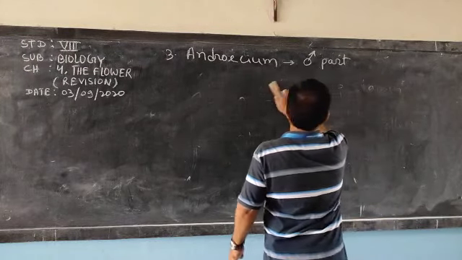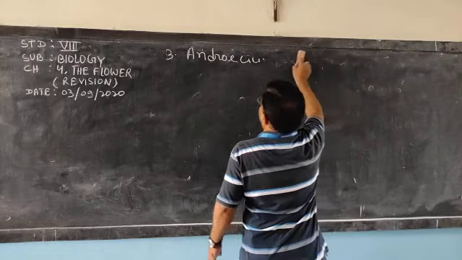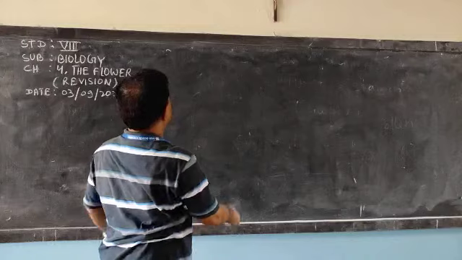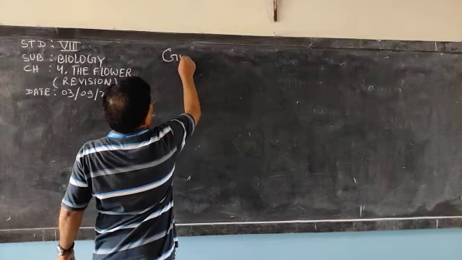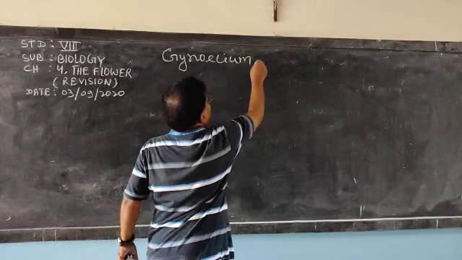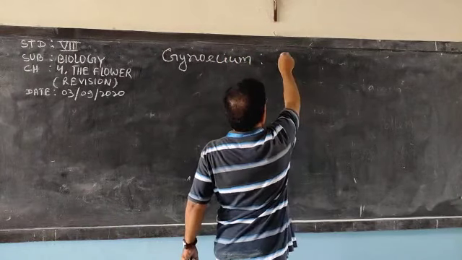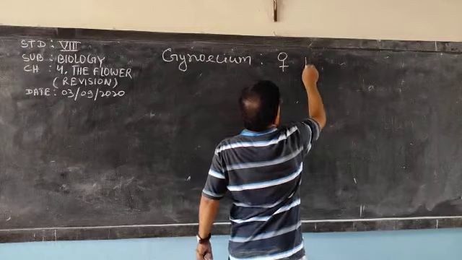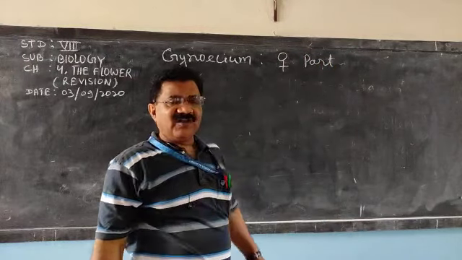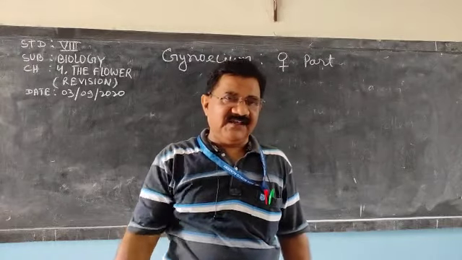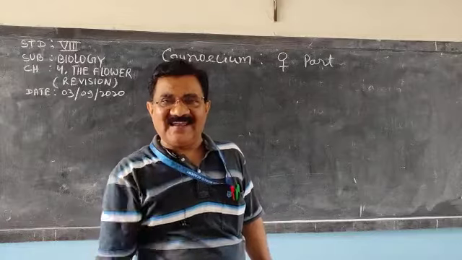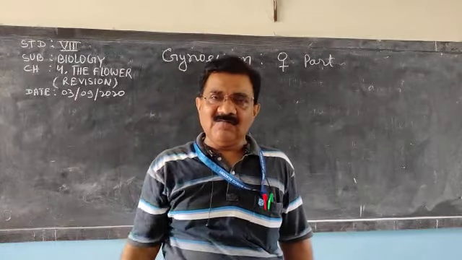The fourth whorl is the gynoecium, and gynoecium is the female part. This is the sign of female part. Naturally, the function will be to produce the female gamete or egg.